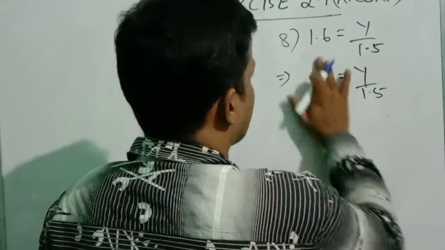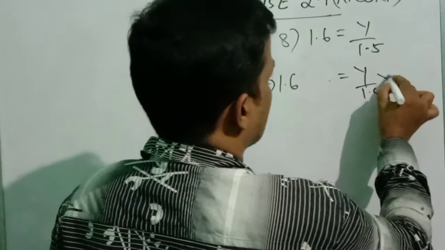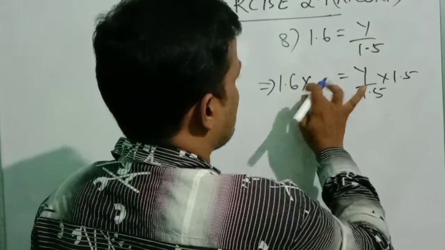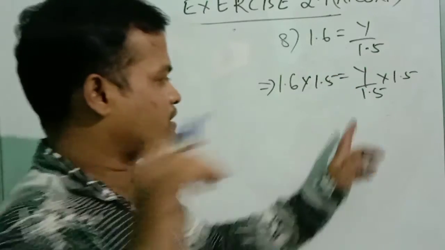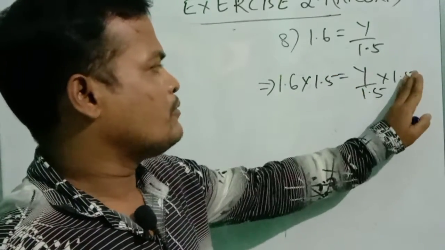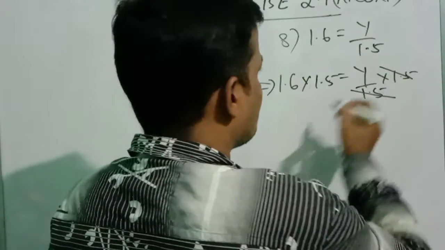You do just one thing: multiply 1.6. In this case also multiply by 1.5, because 1.5 is divided. In order to remove this 1.5 we have to multiply by 1.5. Now 1.5 cancels.